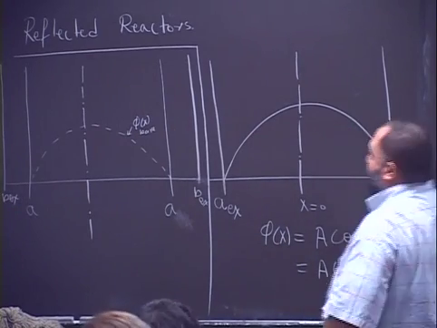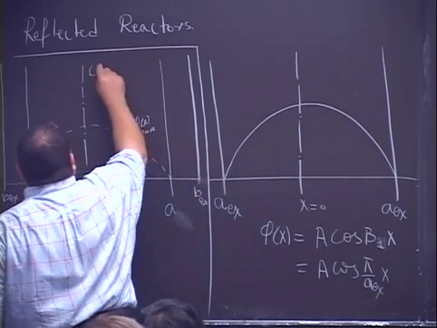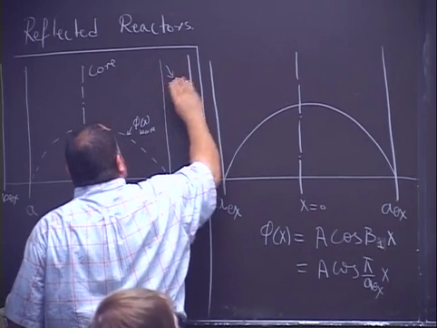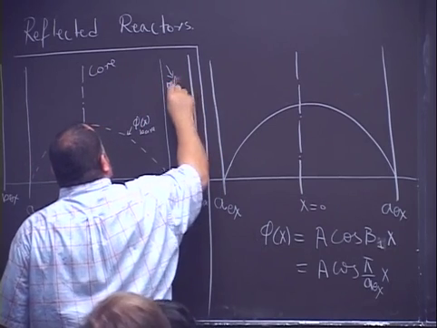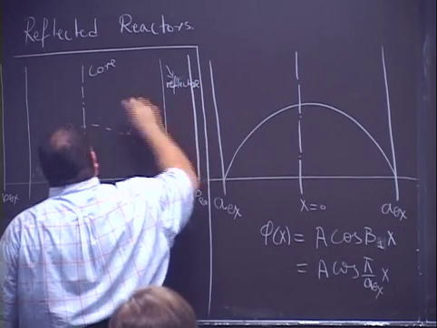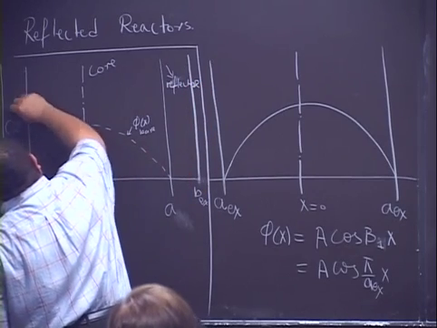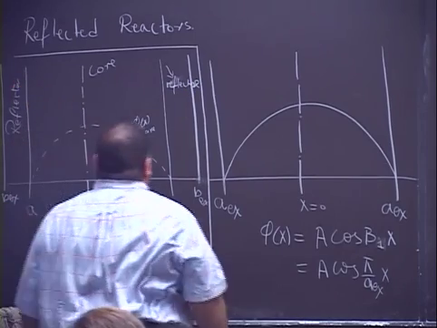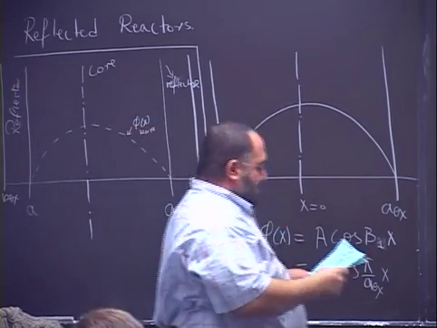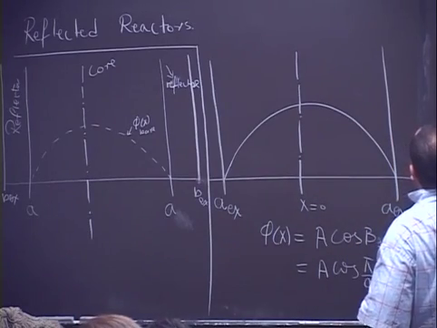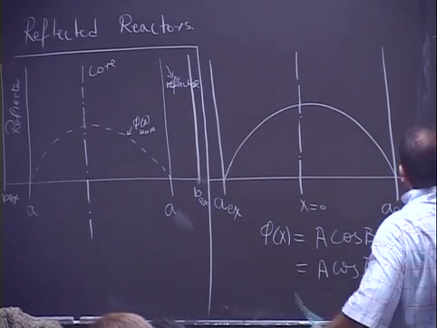In this case, this is the core here, and this is the reflector. So this is the reflector again. So core and reflector. In the core, the diffusion equation will be exactly the same.